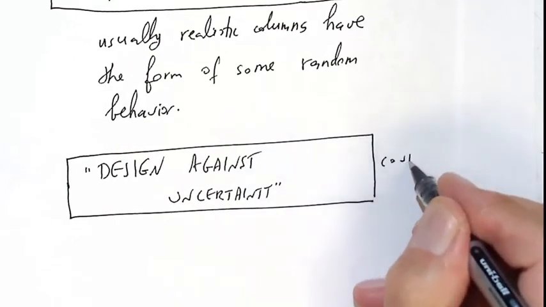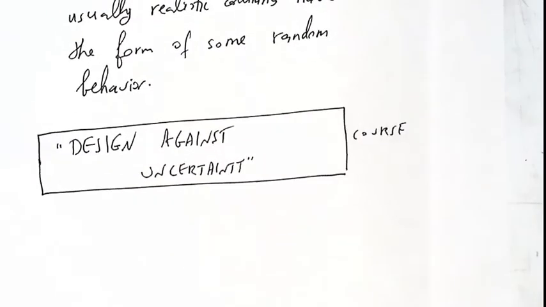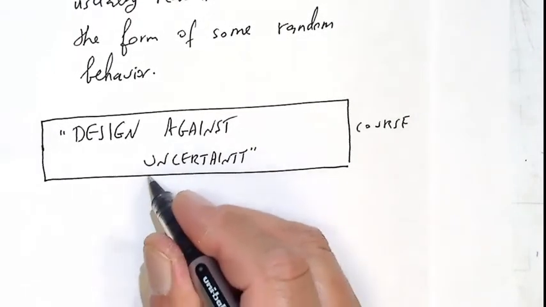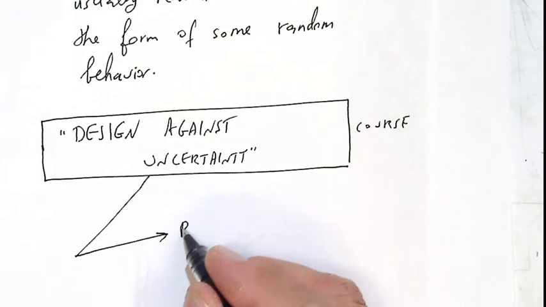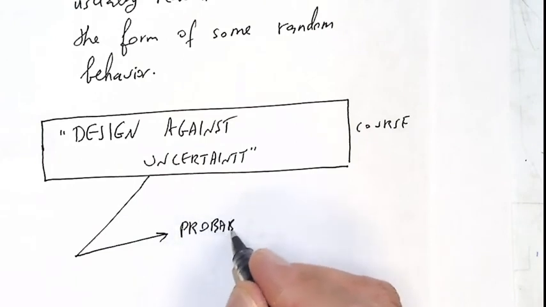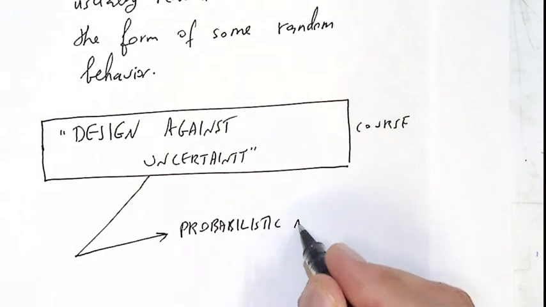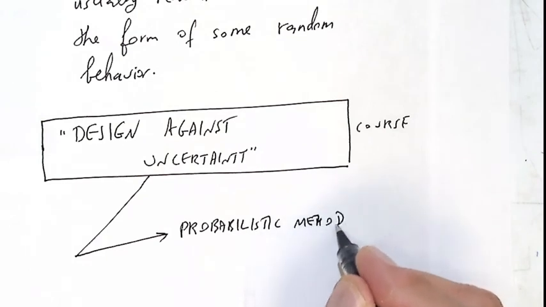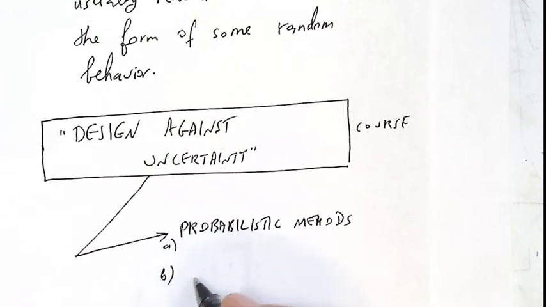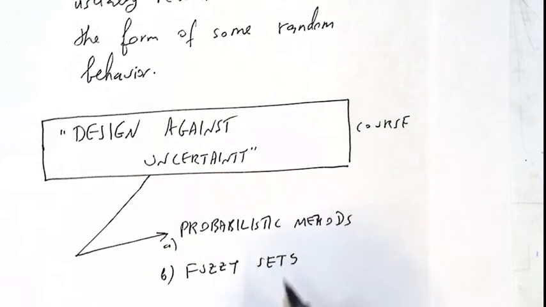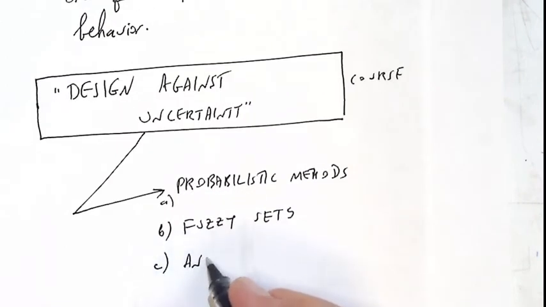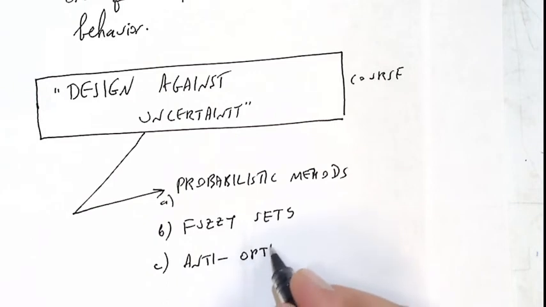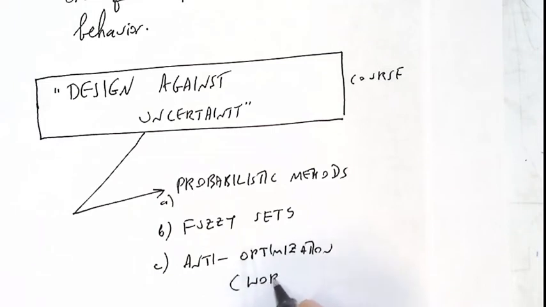That is a course which uses several ideas: probabilistic methods, or fuzzy sets, or the concept of anti-optimization. That means worst case design.